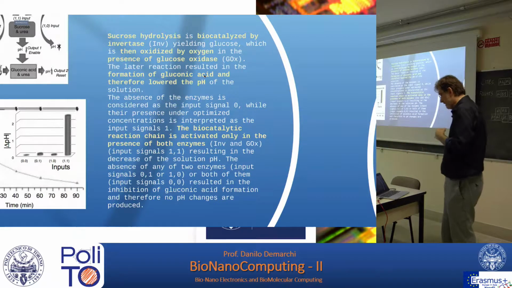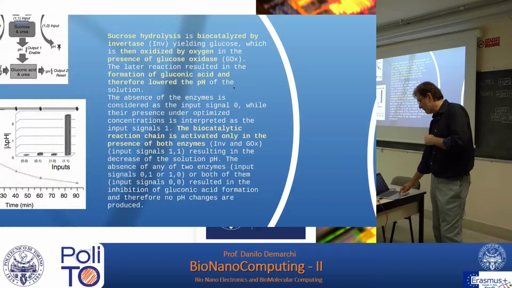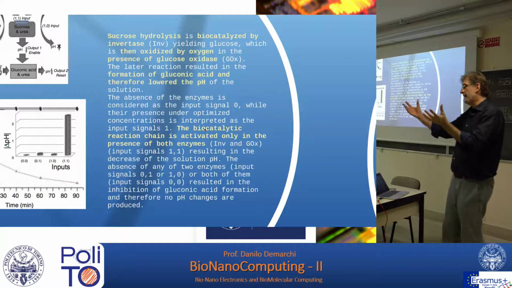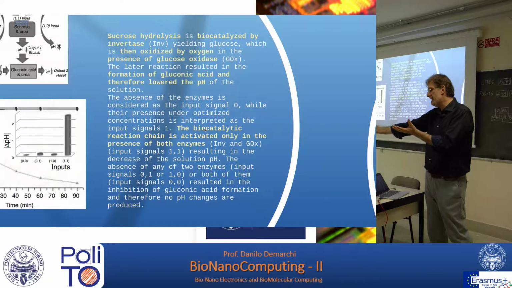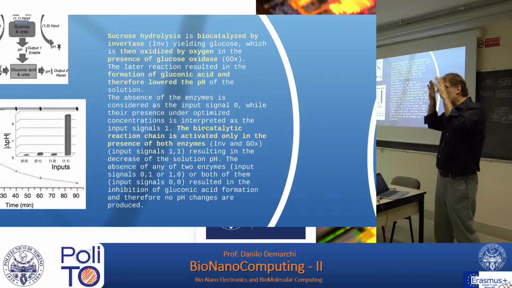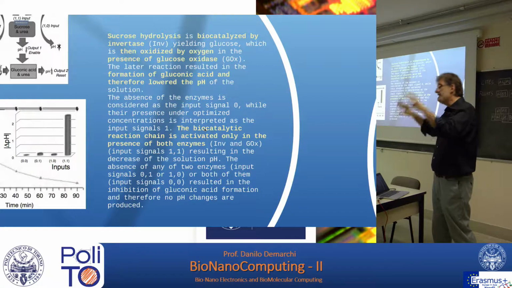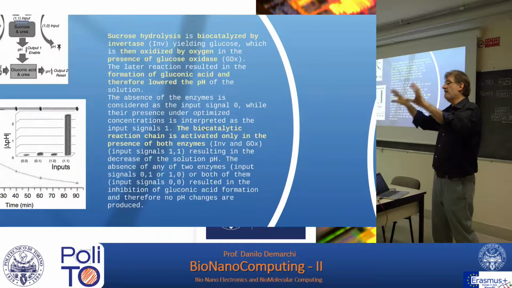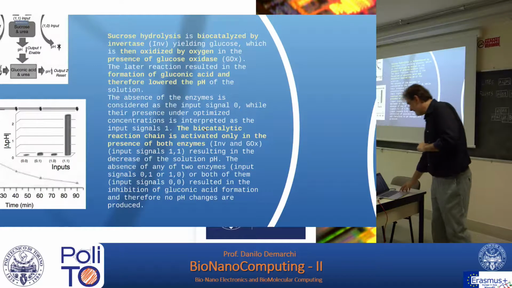Now we see how an AND gate is possible to obtain. It is possible because I have my biocatalytic reaction producing the acid if the two elements are present together. If just one of them is present, it doesn't work.